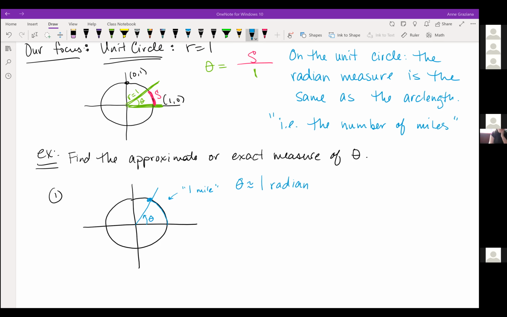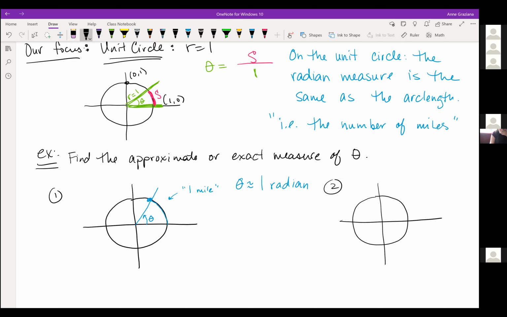Here's a question. How many radians is the entire circle? 6.28. Yes, beautiful. The whole distance around the circle is 6.28 or 2 pi, right? All right, so here's another one. I thought you said theta was s over 1.